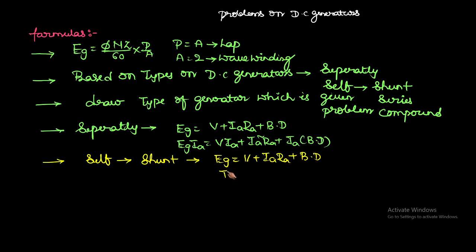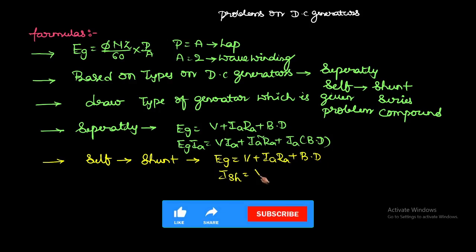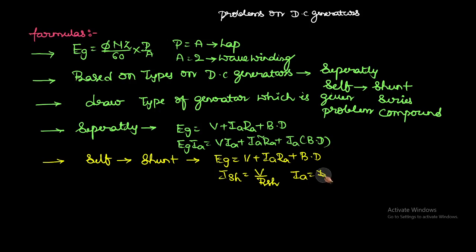Next, Ish or If is V by Rsh, and Ia is equal to IL plus Ish. The last formula is Eg into Ia is equal to V into Ia plus Ia square Ra plus brush drop into Ia. I already explained this terminology in the video.